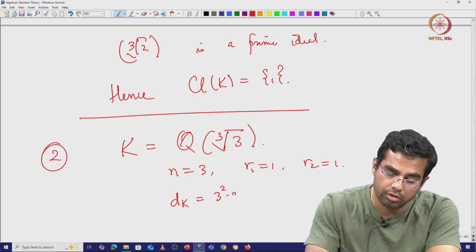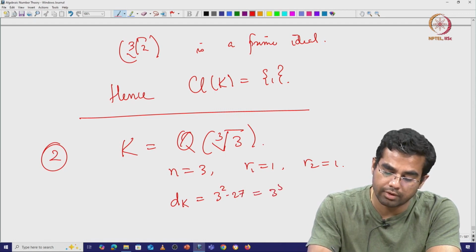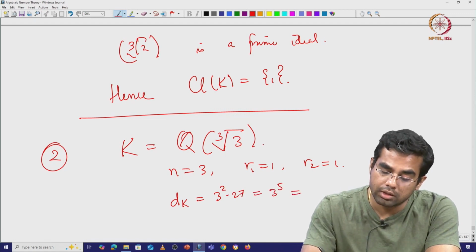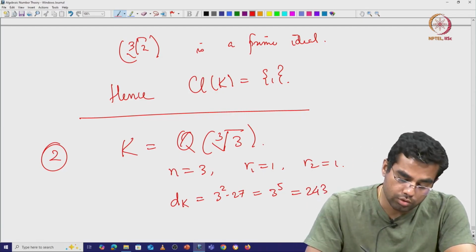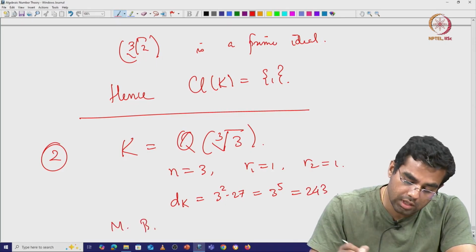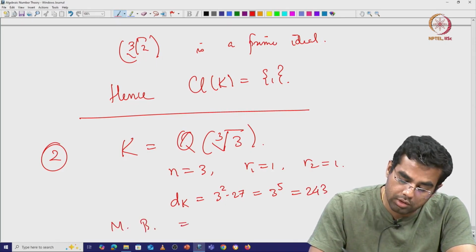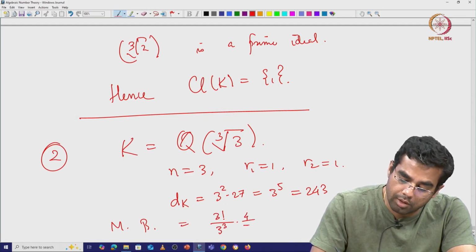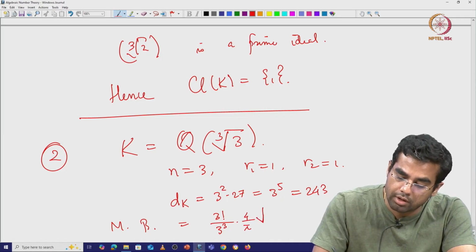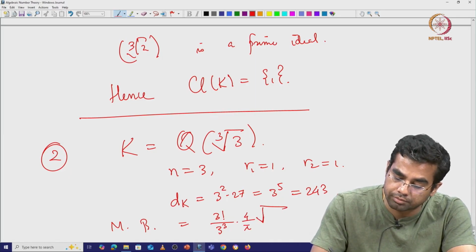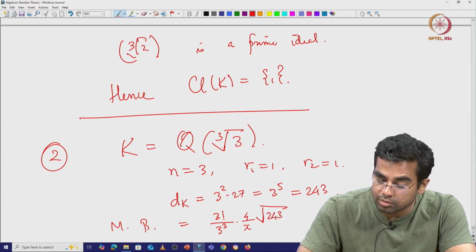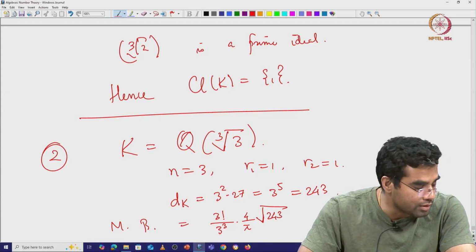So, 3 squared into 27, which is 3 to the 5, which is 81 into 3, which is 243. So, the Minkowski bound in this case is equal to 3 factorial by 3 cubed times 4 by pi times the square root of 243. That is 9 times the square root of 3.